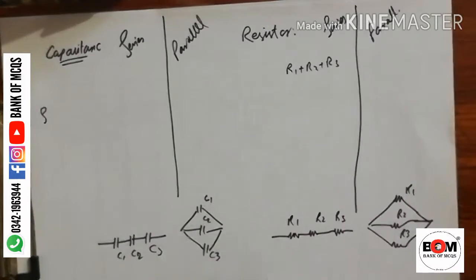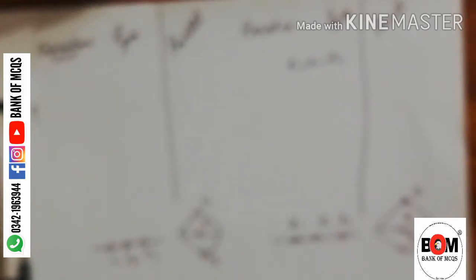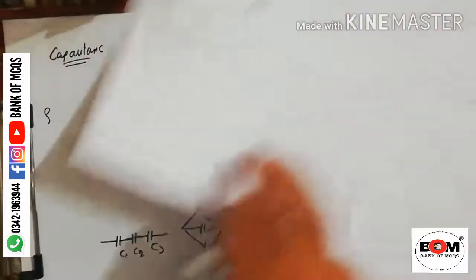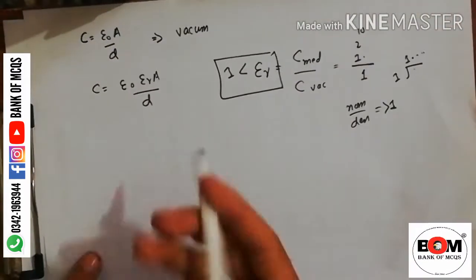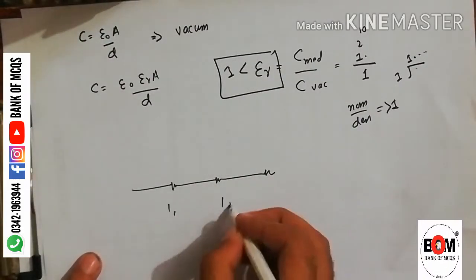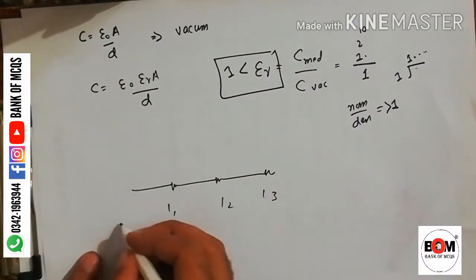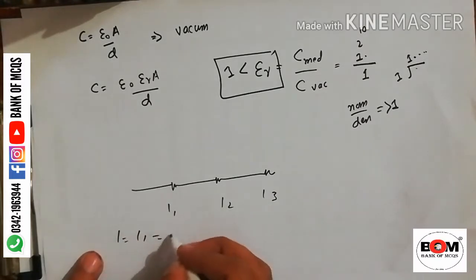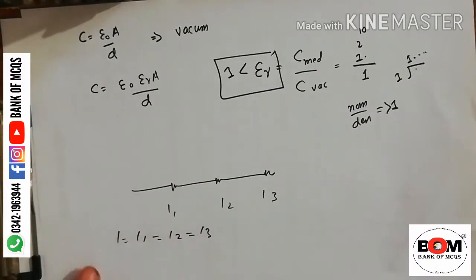R3. Now to derive this equation, it is very simple, because in series the current remains constant, or the current flow is the same. For example, this is R1, this is R2 and this is R3. So I1 is equal to I2 is equal to I3, and the total I is equal to I1, I2 and I3.